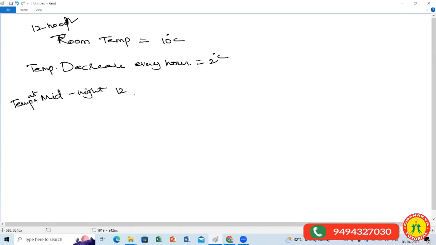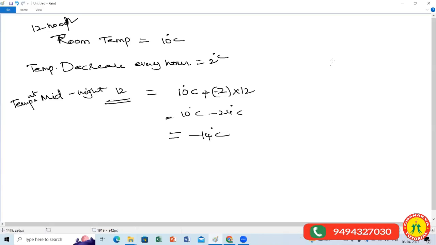Initially 10 degrees Celsius, and it decreases 2 degrees every hour, means -2 into 12 hours, which is -24 degrees Celsius. So 10 degrees Celsius minus 24 degrees Celsius is -14 degrees Celsius. So at 12 noon it's 10 degrees, and at 12 midnight -14.